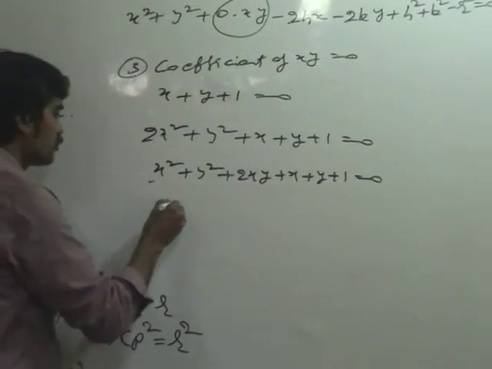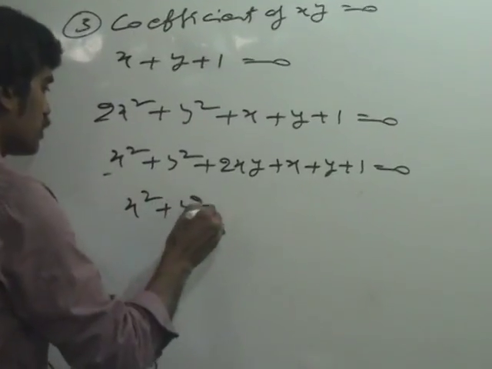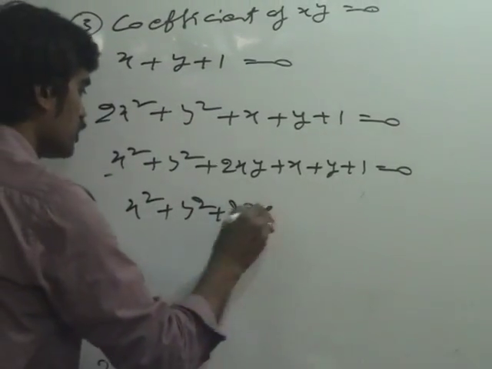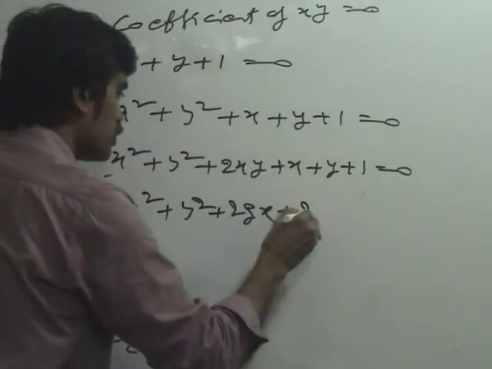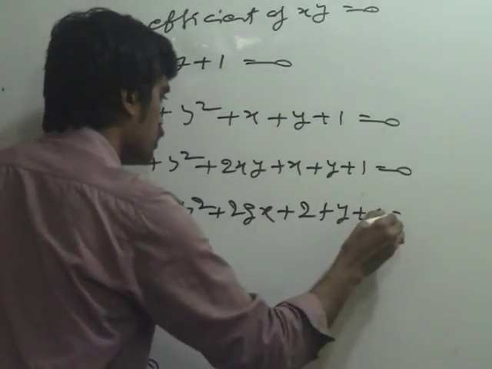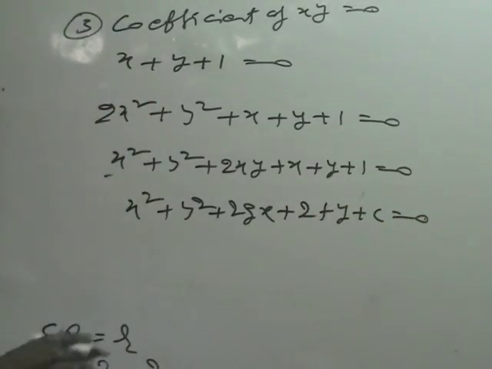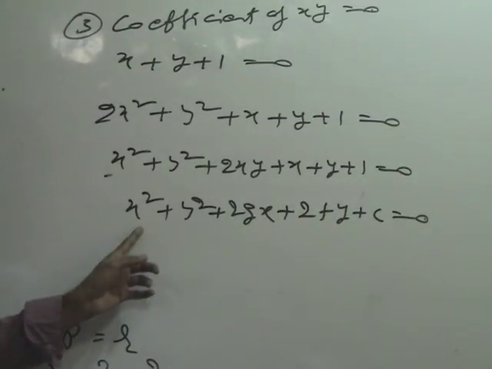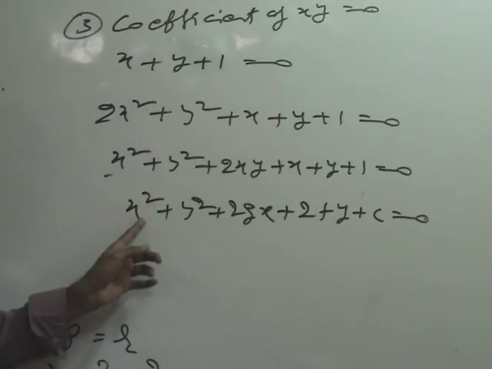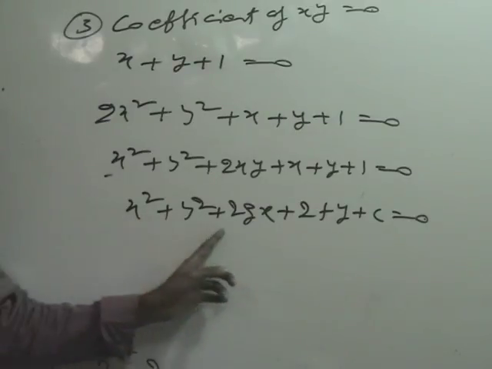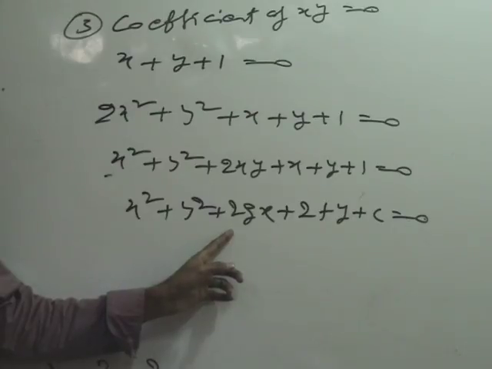Take one more example. x square plus y square plus 2gx plus 2fy plus c equal to 0. Now you have to decide, is this the equation of a circle? Verify these three properties. It's a second degree equation in x and y, first property is satisfied.